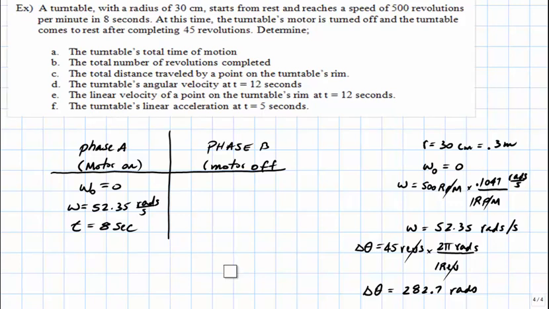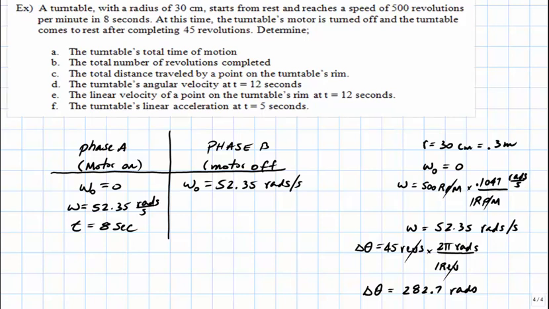Now, from our experience with one-dimensional motion analysis, we know that the final velocity in one phase becomes the initial velocity in the next phase. So the final velocity in phase A equals 52.35. That becomes the initial velocity in phase B, and we're going to note that. So omega 0 in phase B equals 52.35 radians per second.